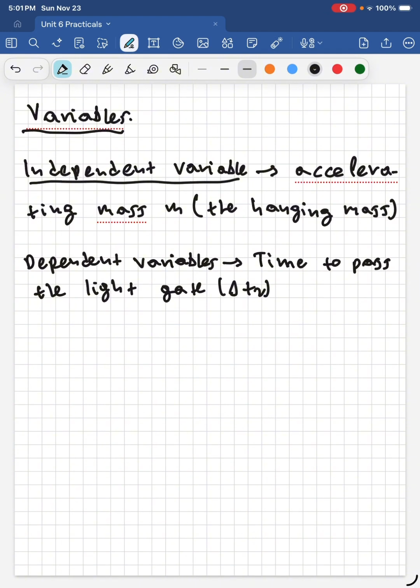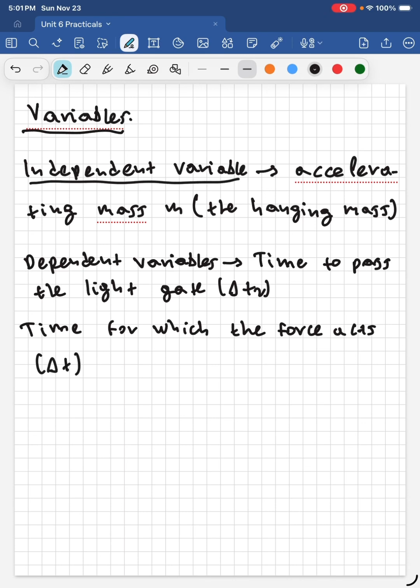Okay, this is what is used to measure the velocity of the object, and the time for which the force acts. Okay, and this is what we call delta t.